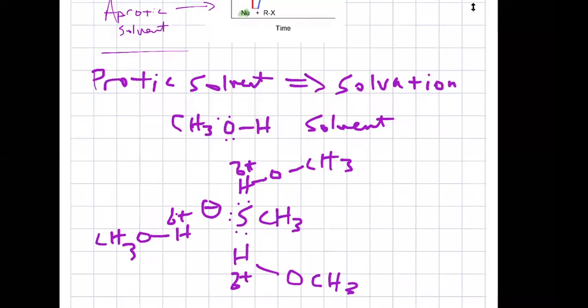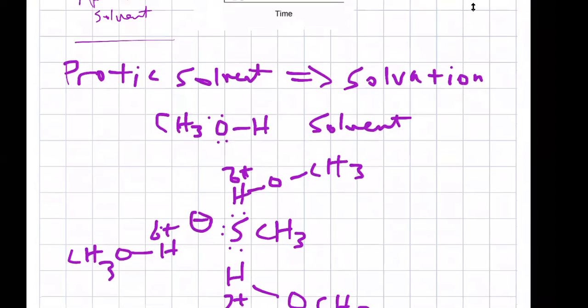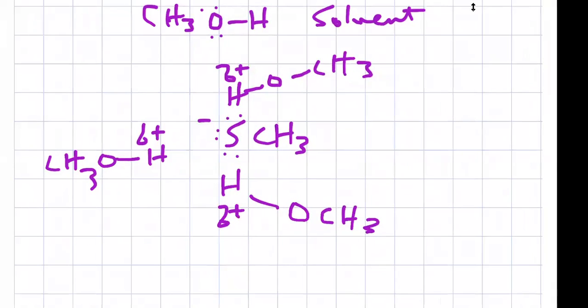Anytime you surround that nucleophile, which is negative, or it could be neutral as long as it has lone pairs or a polarized bond, when you surround that nucleophile with protons, it basically makes the nucleophile lazy, right? The nucleophile becomes less reactive, and it lowers the energy of that nucleophile. So solvation is not good. That's why you want to do an SN2 in an aprotic solvent. Because if you're using a protic solvent, you're going to solvate your nucleophile and decrease its energy.